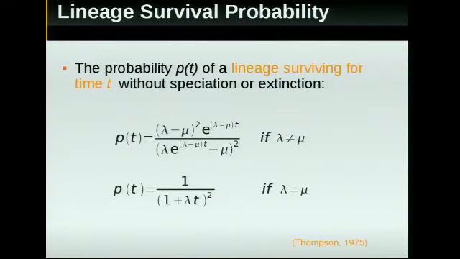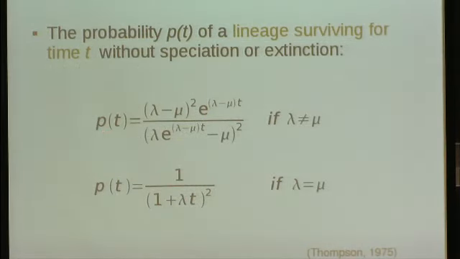Now, given a tree that was created by a standard birth and death model, it was already worked out quite a while ago that you can write down probabilities of a lineage surviving. Or you could say that if a lineage exists at some point, what is the probability that after a certain time t, I basically have one descendant of that lineage.